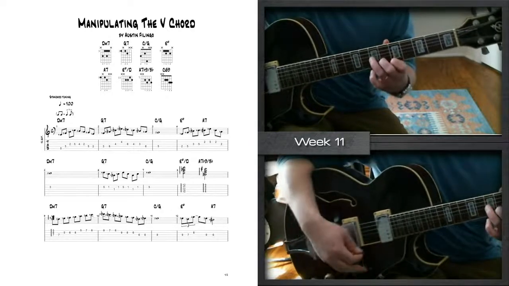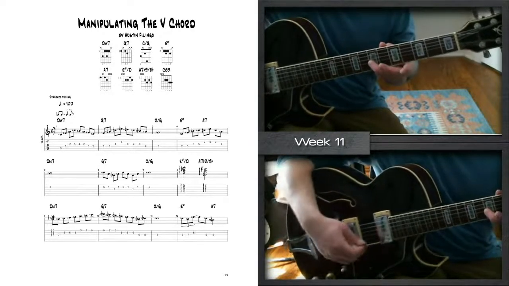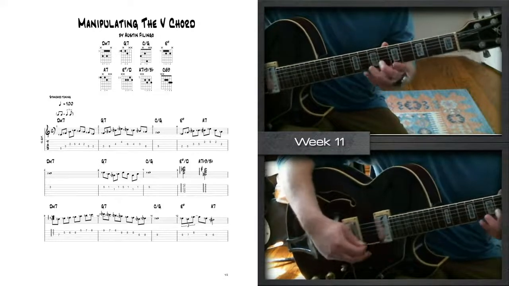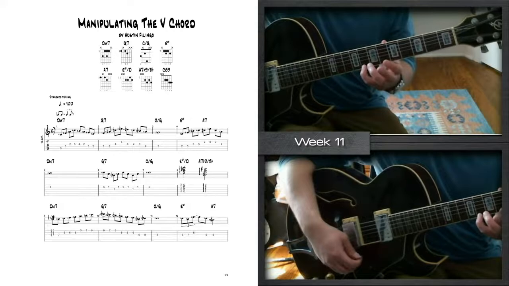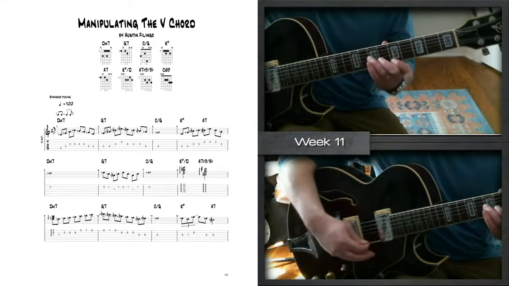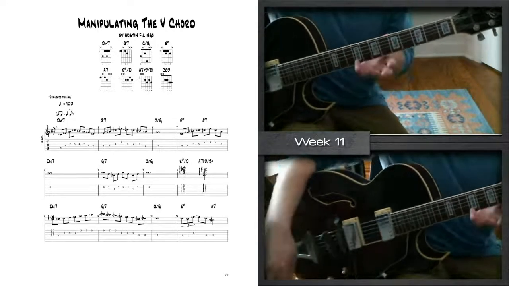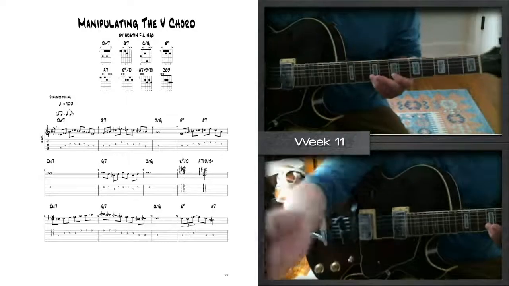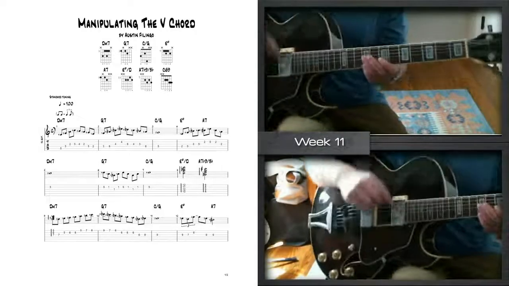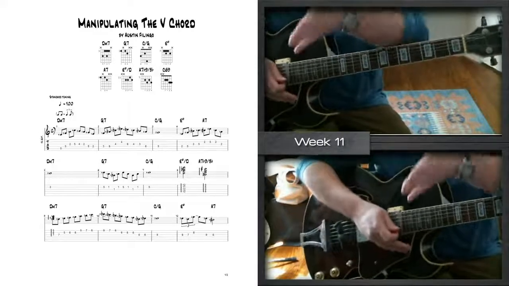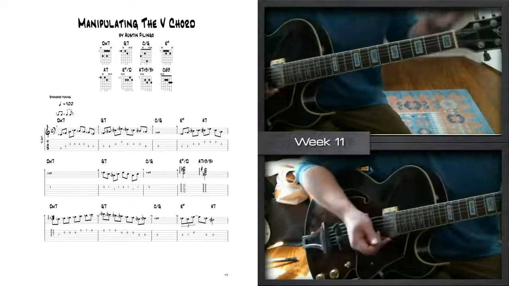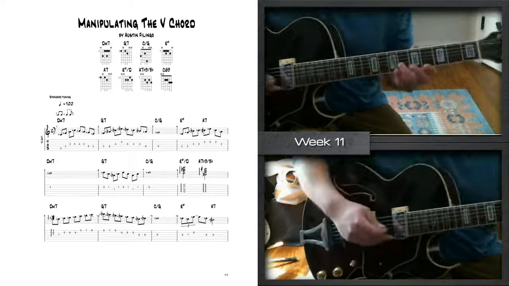So D arpeggio, then I start in the root and I just walk straight up the scale. 1, 2, 3, 4, 5, 6, flat 7, which is C, right? Shift up a half step to grab the D flat, right? And what's cool about this is it's like you're going up, even though chord-wise you'd think D to D flat is going down, but that's what gives it such a cool sound, right?